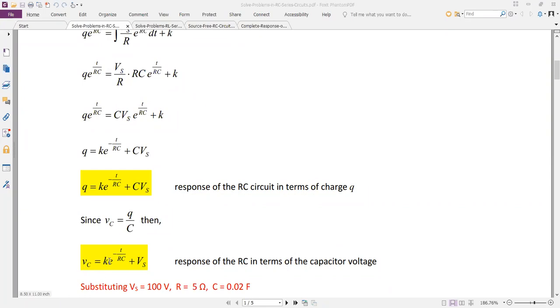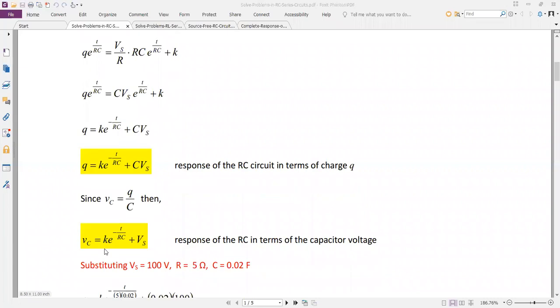So the response can be written in terms of the charge and in terms of the capacitor voltage. What's done in here is we have replaced the Q by C times V sub C, and in order for us to only have V sub C here, we will need to divide the entire equation that we have here by C.